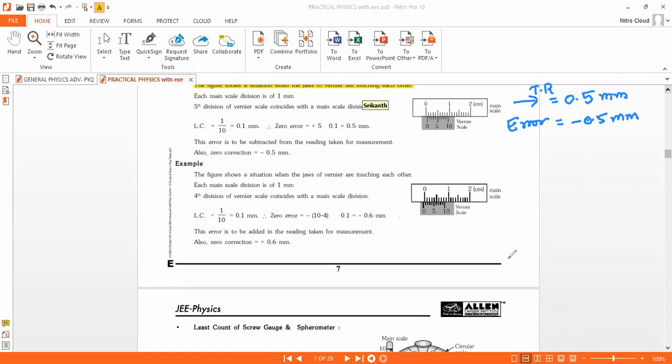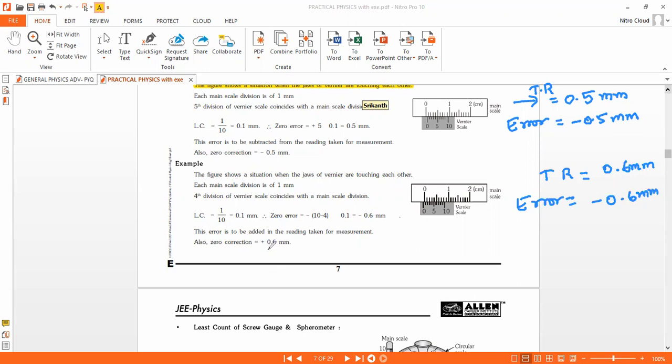Suppose my total reading is 0.6 mm. In order to make zero error, what will be the error? Minus 0.6 mm. Like this we'll find.